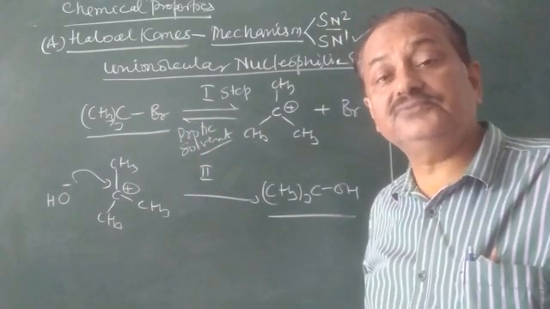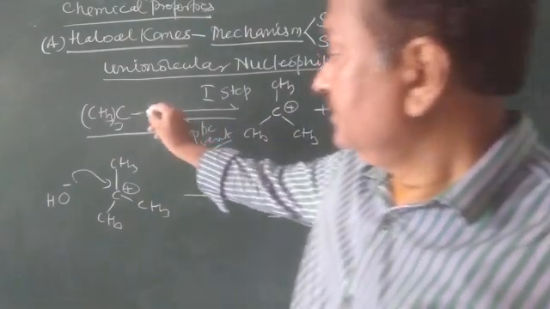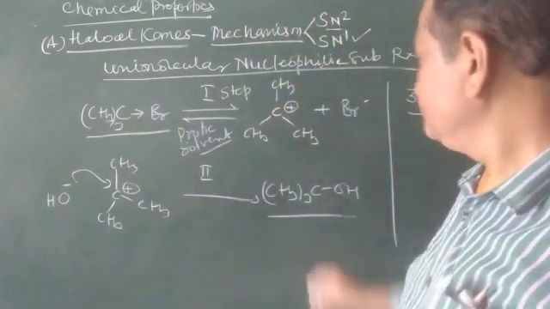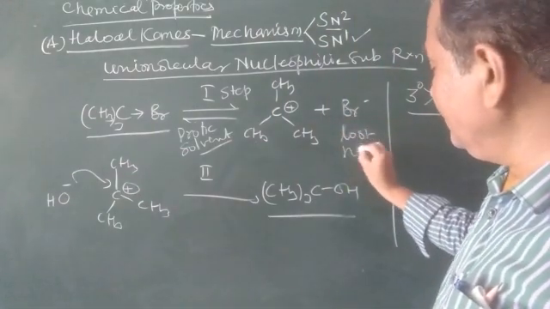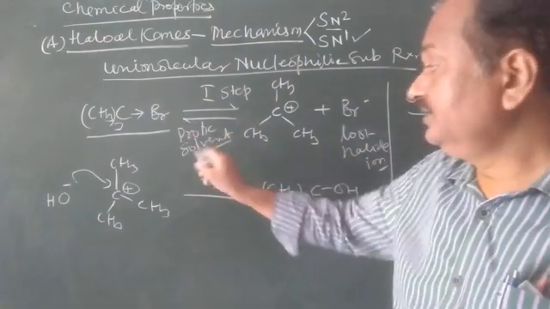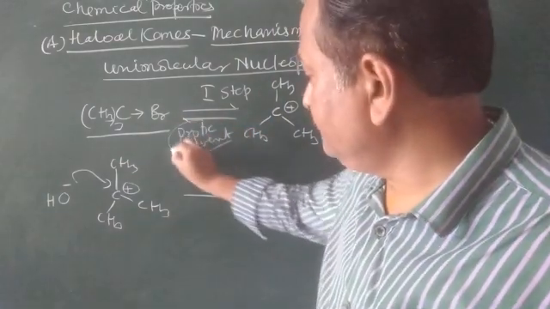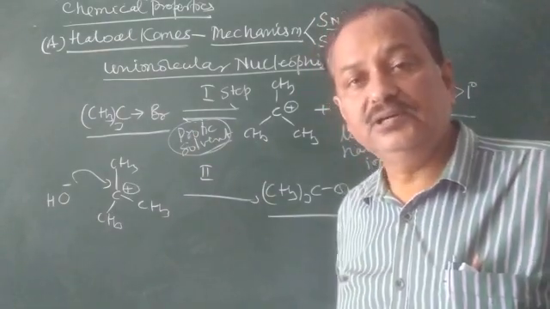There is the formation of carbonium ion or carbocation, and the halide ion is lost. So this takes place under protic solvent. This you have to keep in mind. Protic solvent means the solvents which provide the proton.